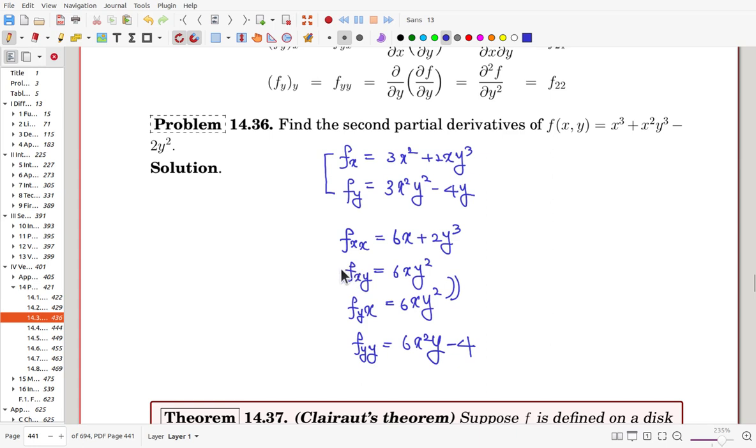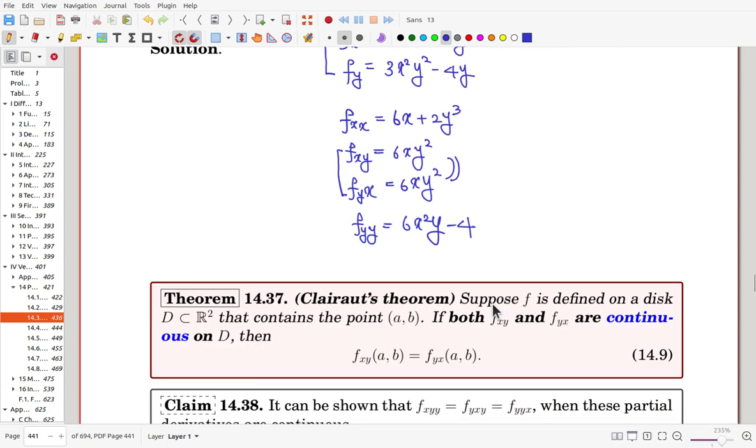So this is really an important mathematical theorem, and we can use this later in computation. It means that once after the derivative they are continuous, then the order of derivative is not important. That is the idea of the Clairaut theorem.